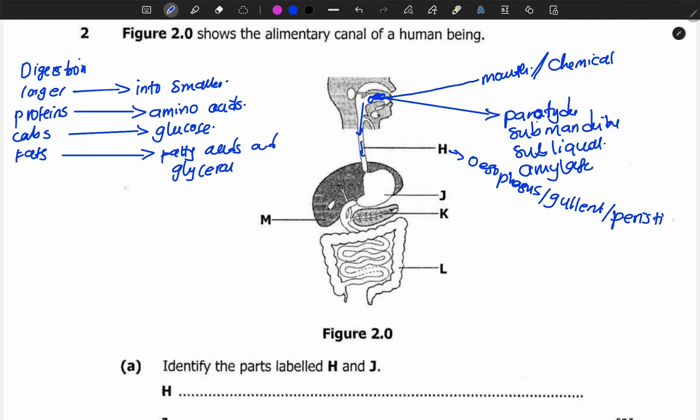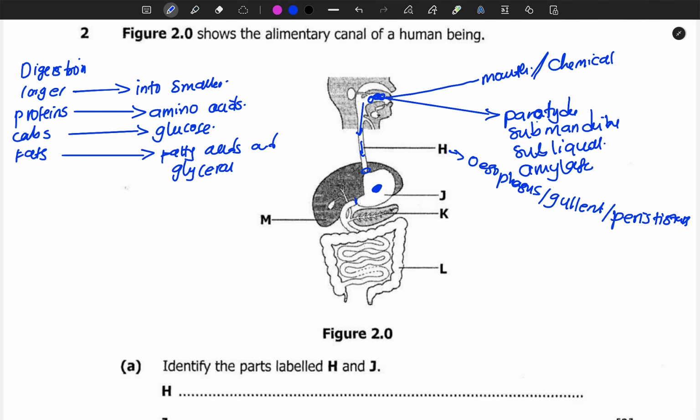It's a wave-like movement. Muscles are involved; there is contraction and relaxation of muscles. Then the food will reach the stomach here. When the food reaches the stomach, at the upper end there is a muscle that closes, and another muscle that closes, so that the digestion of proteins may begin in the stomach.